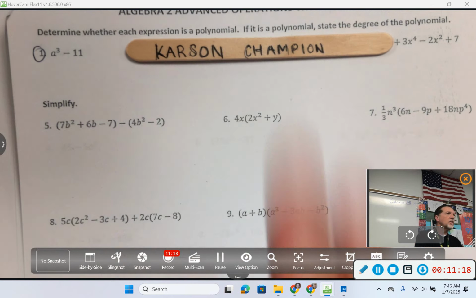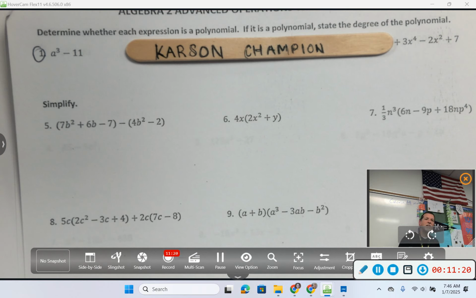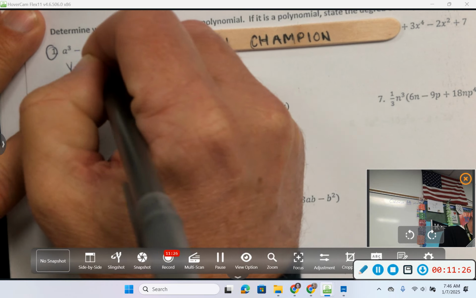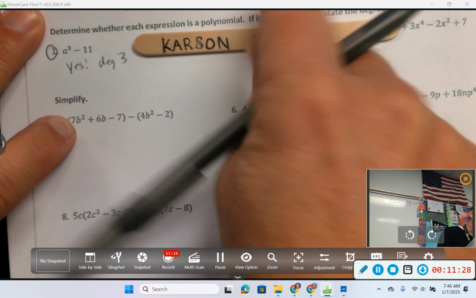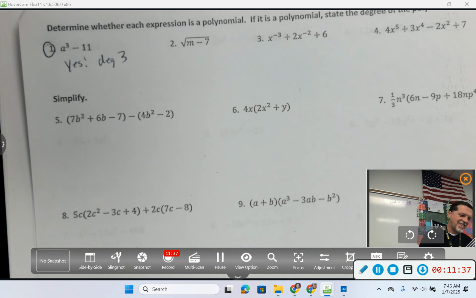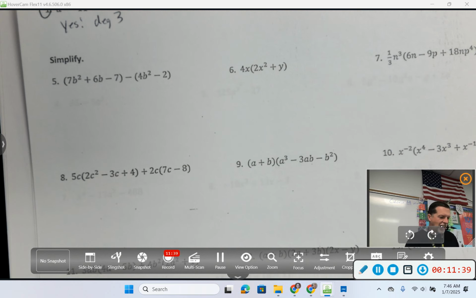So, Carson, number 1, is that a polynomial? Yes. And what is its degree? Degree 3. Yep. Let's see. One from the next section. That's a lot of problems in there.